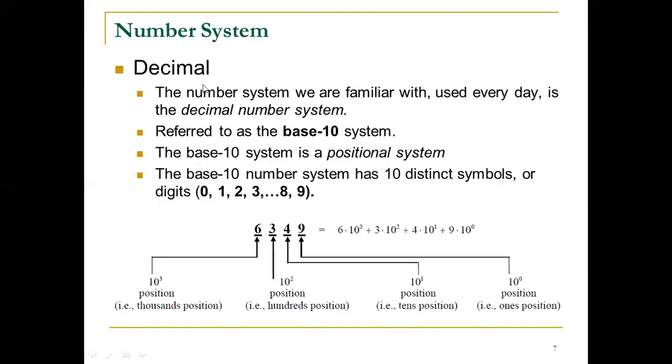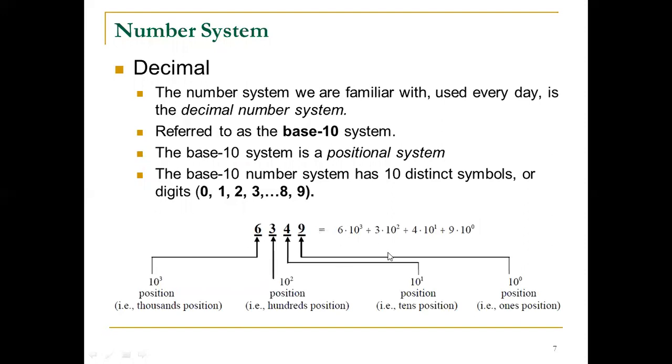Let us see the next number system, decimal, whose base is 10. Since the base is 10, it has 10 different symbols from 0 to 9. Let us see one example, that is 6349. How to represent this as a decimal number?